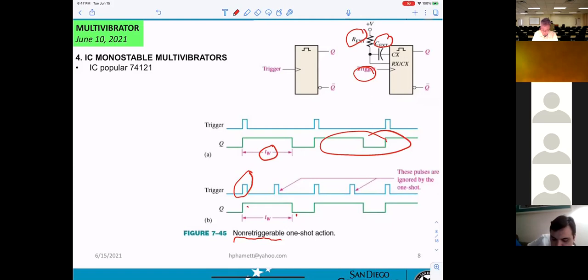So even if you get another pulse coming in, the output ignores it. It doesn't care about this one, until the next one here. Then it can generate another one. That's what they call non-retriggerable, or one-shot action.